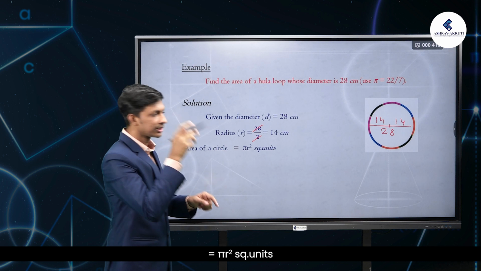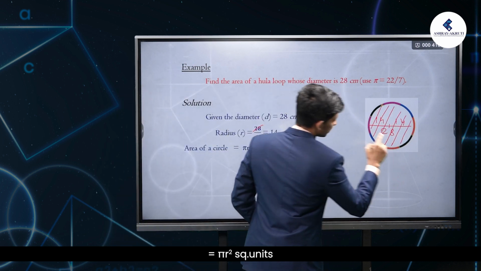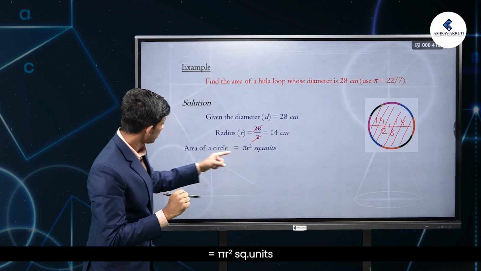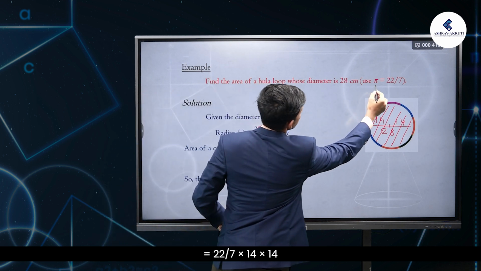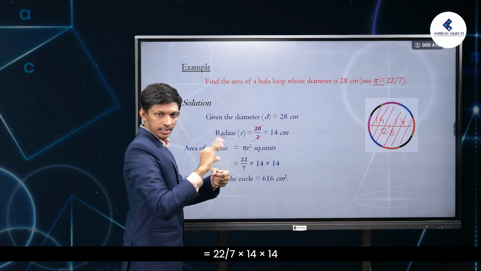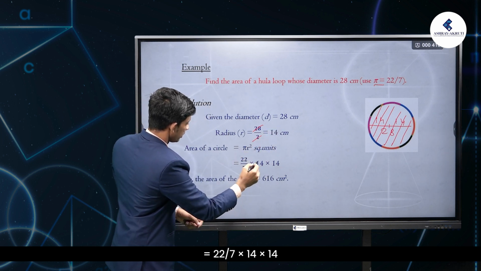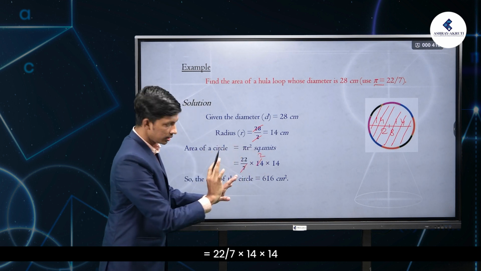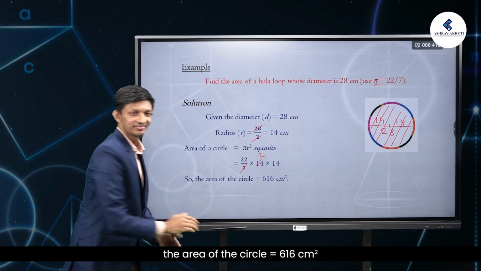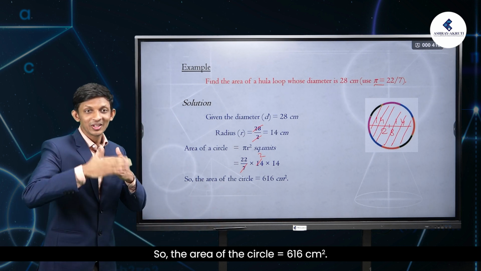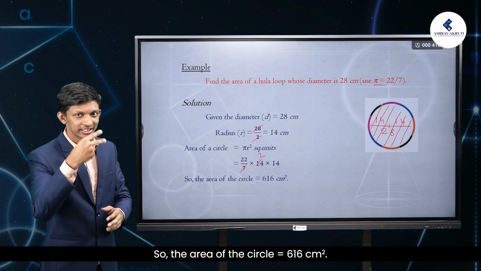Area of a circle is equal to pi r square units. By substituting the values, we get 22 by 7 into 14 into 14. By simplifying, we get the area of the circle is equal to 616 cm square.